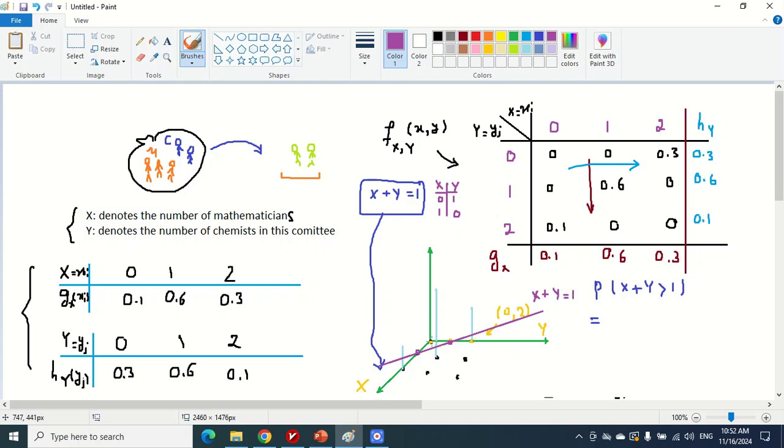And if I examine one point, for example the origin here, where x equals y equals 0, then adding x and y, 0 plus 0 is equal to 0, and of course it's smaller than 1. So it's not greater than 1.